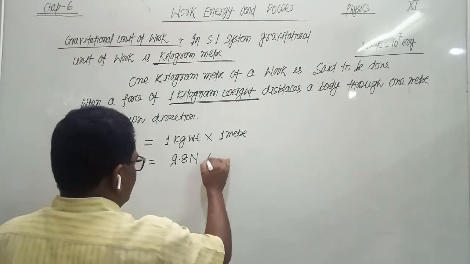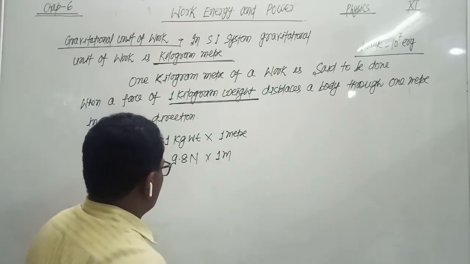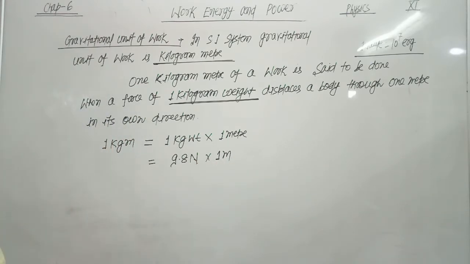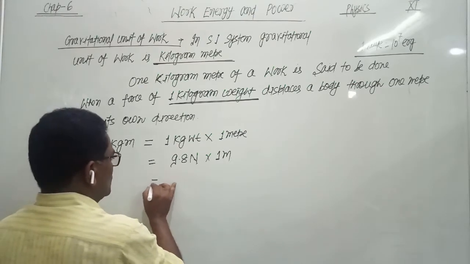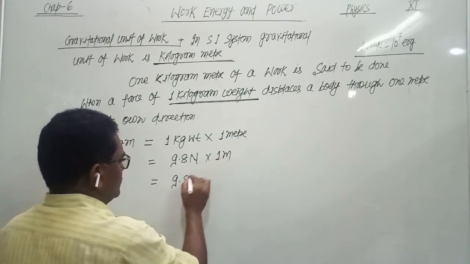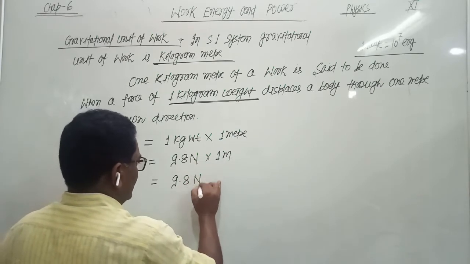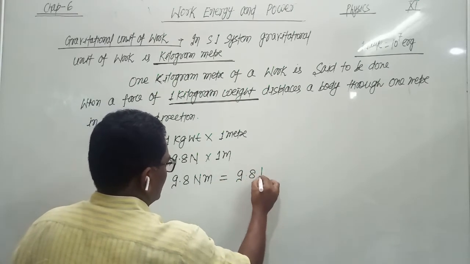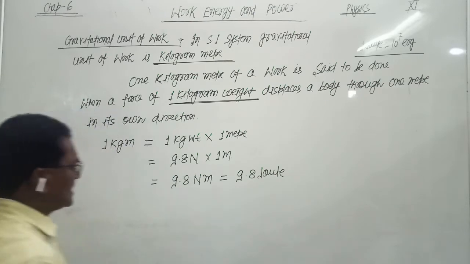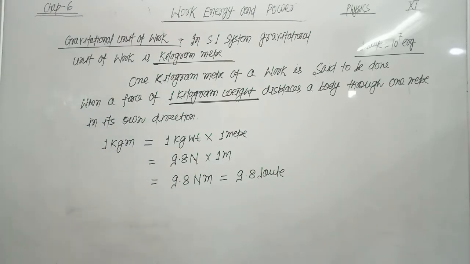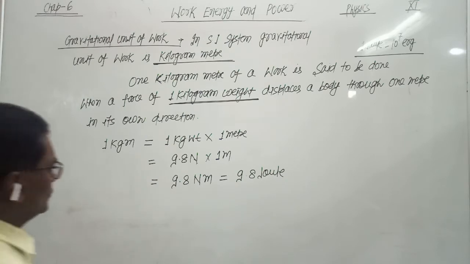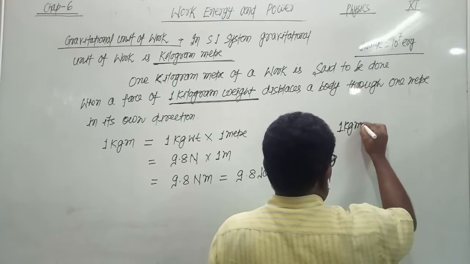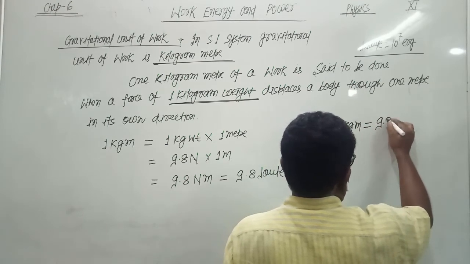So 9.8 Newton into 1 meter. And we know that Newton into meter is the unit of work. So 9.8 Newton meter, and Newton meter is called joule. So 1 kilogram meter work is equal to 9.8 joule.